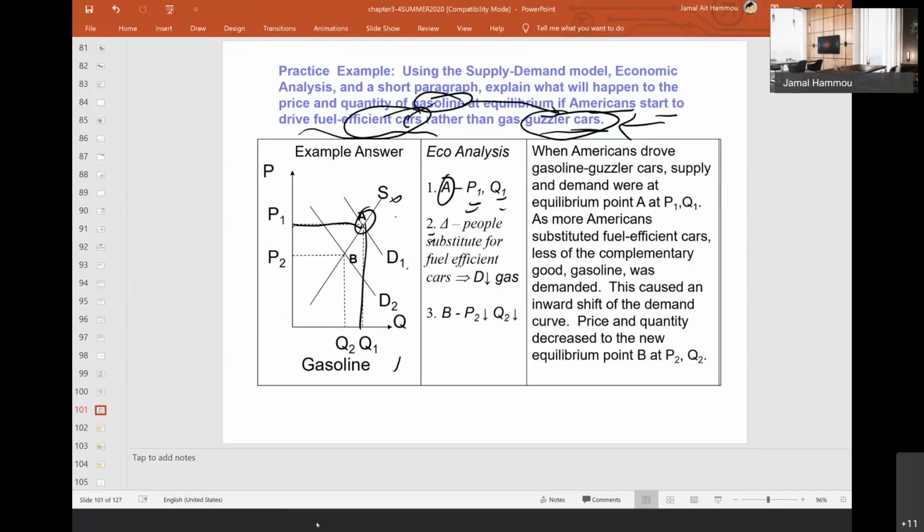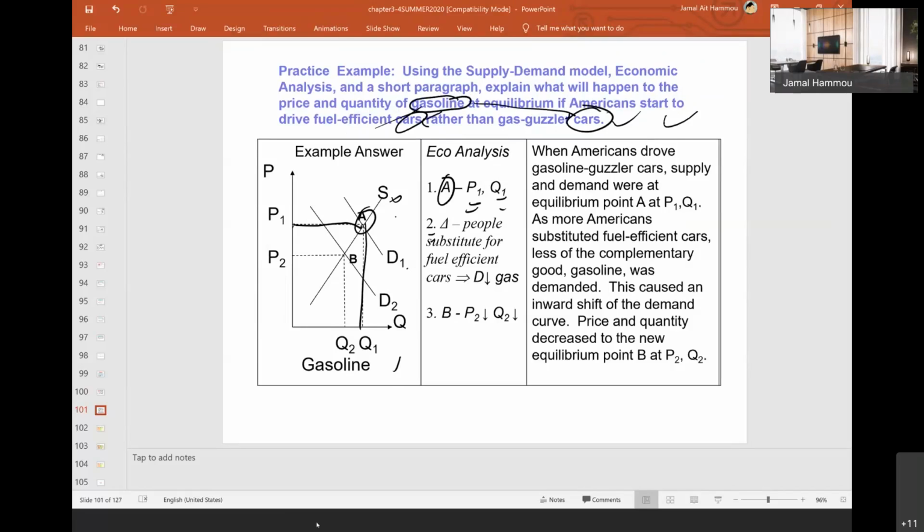First, they are giving me information about the car market. All the information that they give me is about the cars. But I know the relationship between gasoline and cars. If you don't remember, that's complement, meaning they go together. If you have a car, you have to have gas.